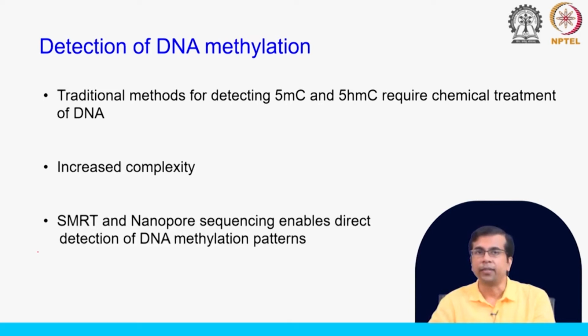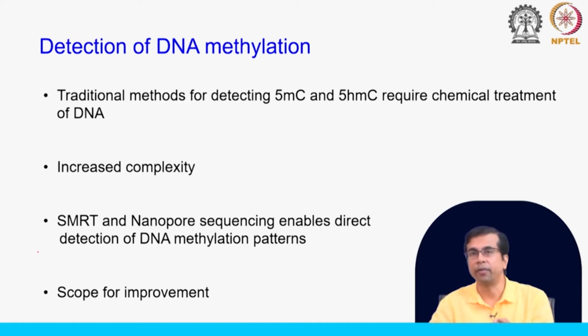What we have seen is that SMRT and nanopore sequencing enable us to directly detect these DNA methylation patterns, and they can differentiate between different types of methylation. Of course, the accuracy is not perfect, so there is a lot of scope for improvement in these direct detection methods, but nevertheless they provide direct identification methods.